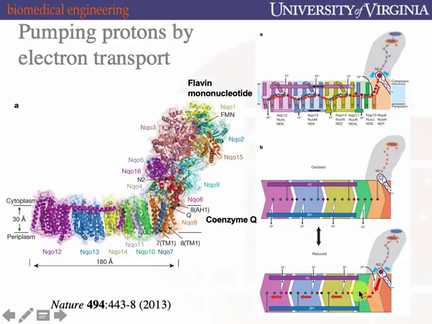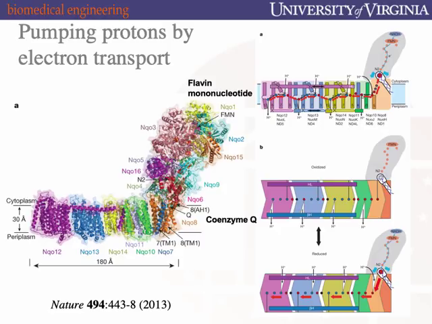When complex 1 is in this state, it's able to release protons that it has previously bound into the intermembrane space. Conversely, when it's in this alternative state, it's binding protons from the mitochondrial matrix.